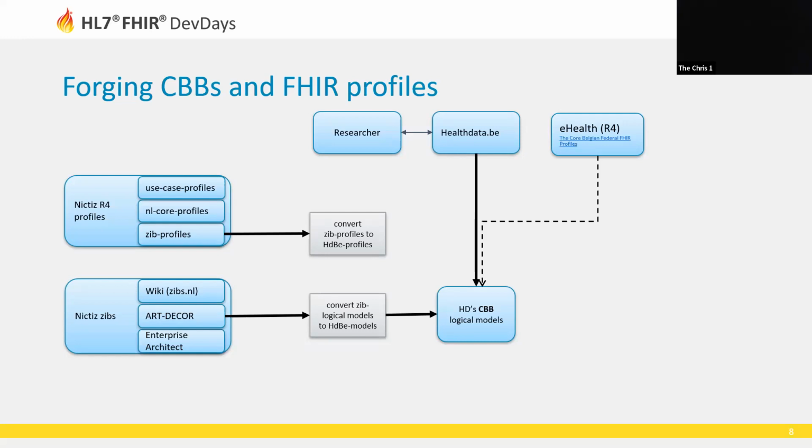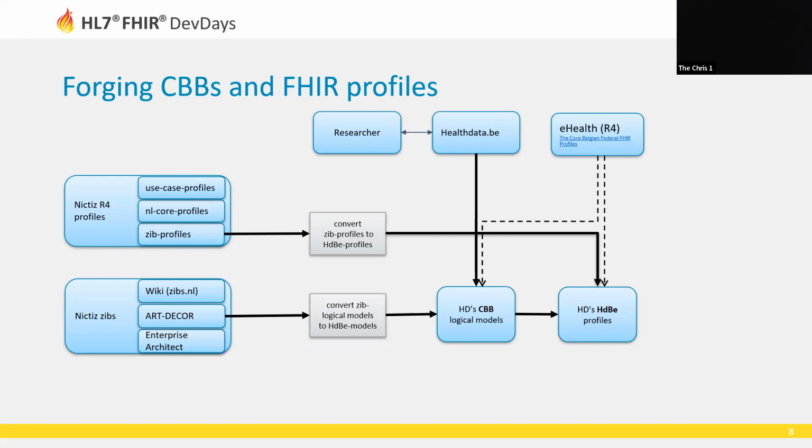For that, we also depend on the Nictiz team because they are also creating FHIR profiles for the zips. So we copied them as well, transformed them, and applied what we adjusted in the clinical building blocks to the profiles too.